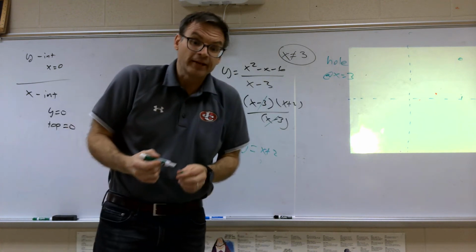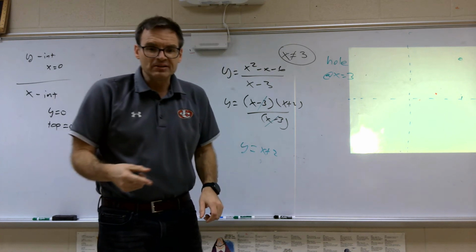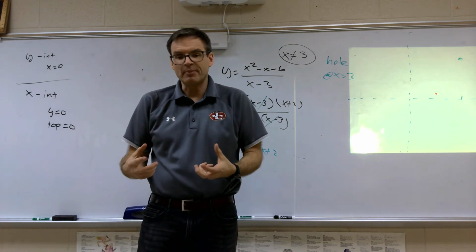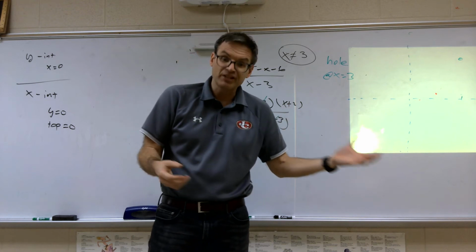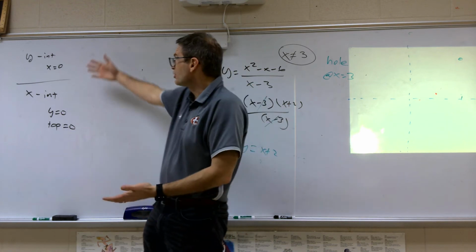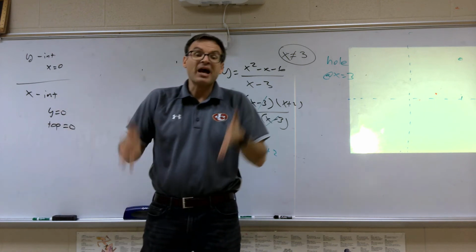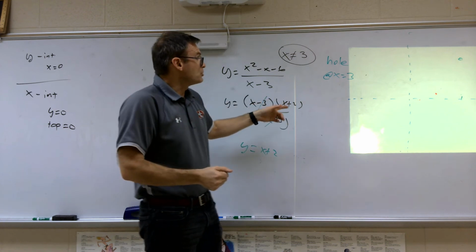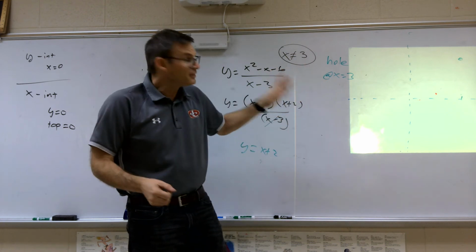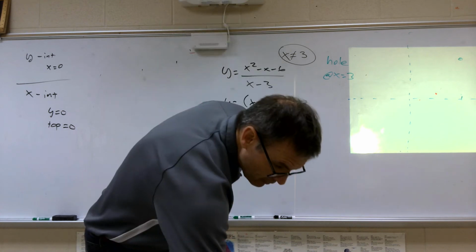But here's the problem: everything we're talking about today is a point. It's not an x value or a y value. It's an actual coordinate. Like I made a big deal about when we talked about y-intercepts, I need a coordinate. When I talk about x-intercepts, I need a coordinate. When I talk about holes, it's not enough to tell me it's x equals 3. I need a coordinate, right?